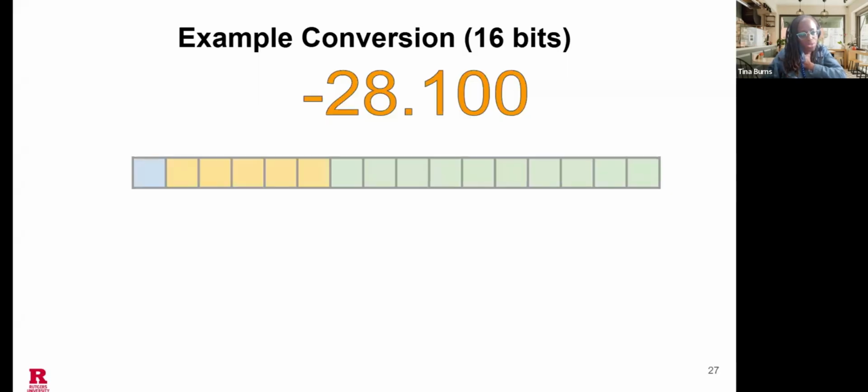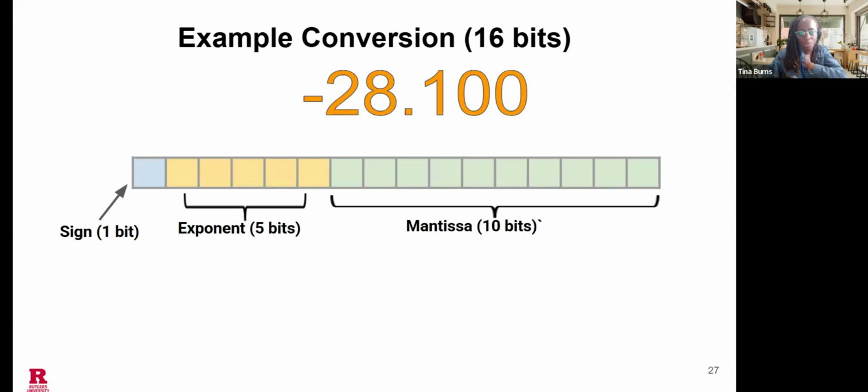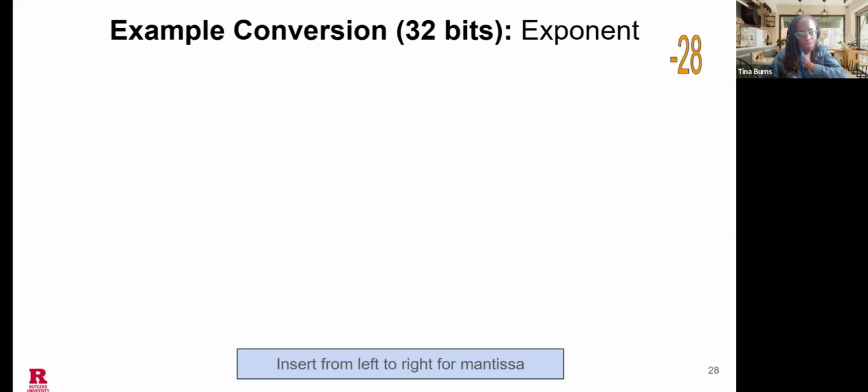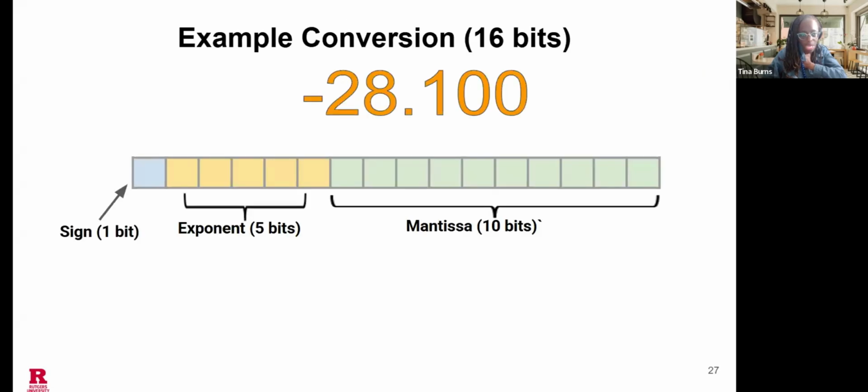For this, it's still going to be one sign bit. Your exponent now is going to be 5 bits, and then your mantissa is going to be 10 bits. But it's the exact same process we just followed, just with fewer bits. We already know this sign bit is going to be 1 because the value of the whole number is negative.